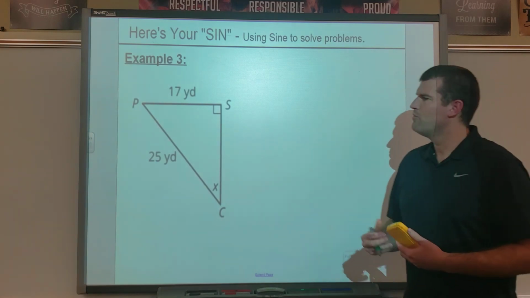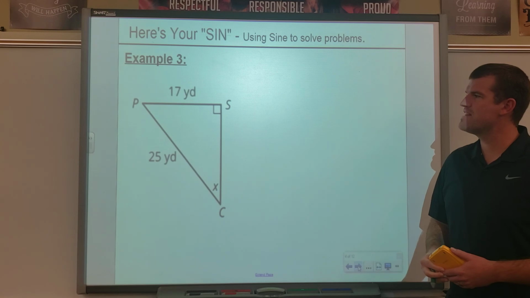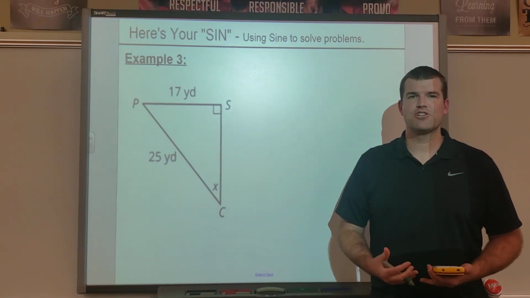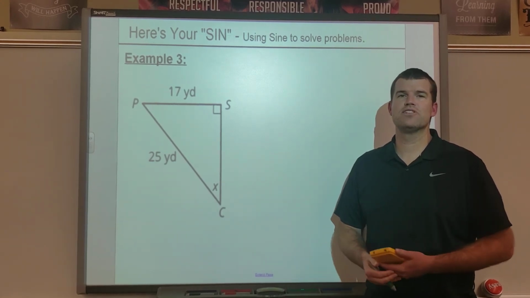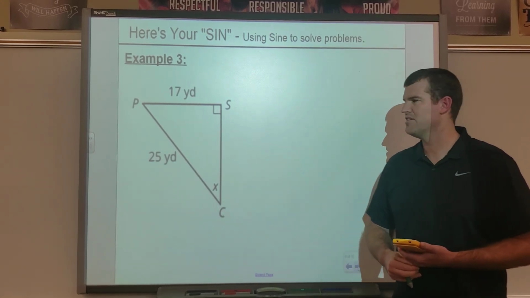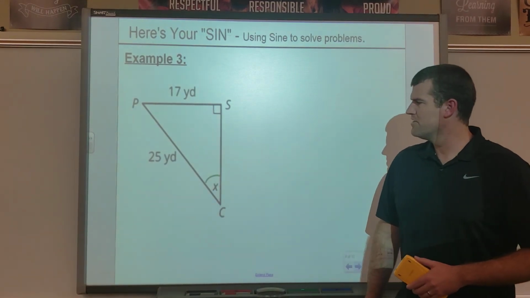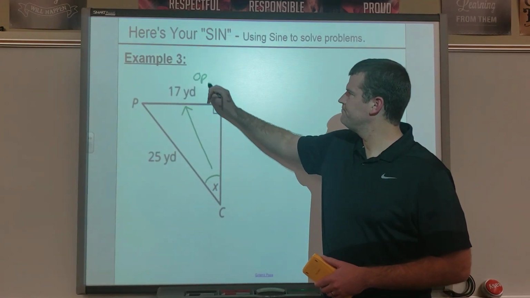Okay, what is significantly different about this problem? Well, the big difference is we are now finding an angle measure. So if we're finding an angle measure, we're not going to use sine or cosine or tangent, we're going to use the inverse of sine, cosine, or tangent. So I'm going to go to the angle that we're finding, and identify that this side is the opposite.